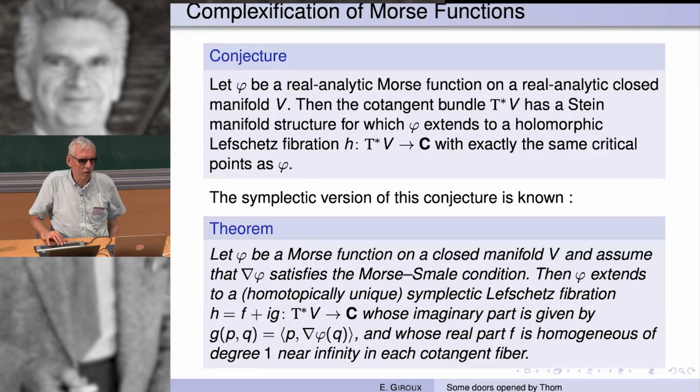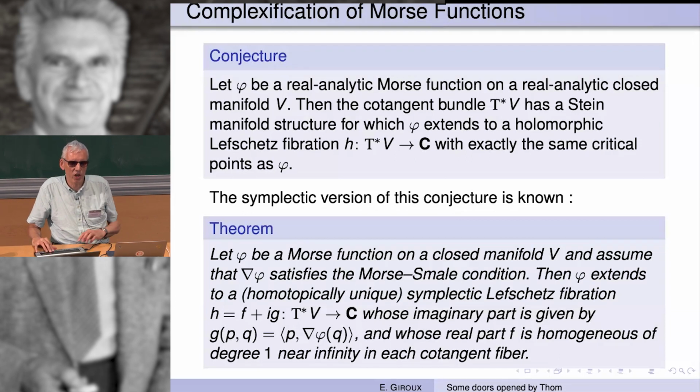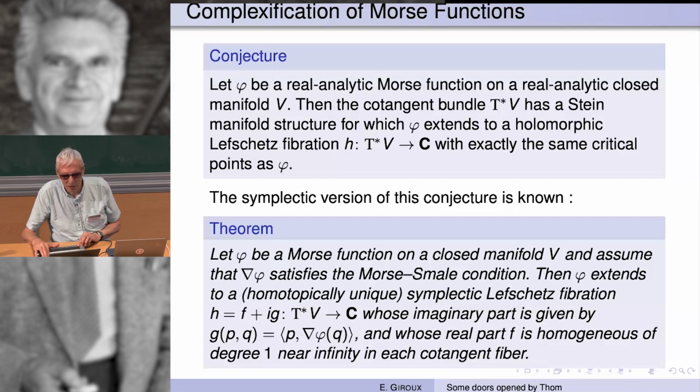The symplectic version of the result is already proved, and the statement is the following. If you take a smooth Morse function on a smooth closed manifold, and you assume, which is a necessary condition, by the way, that the gradient is Morse-Smale, then there exists a homotopically unique Lefschetz fibration on the cotangent bundle, which takes the form H equals F plus iG, where G is a very explicit function, just obtained by computing the covector on the gradient field.